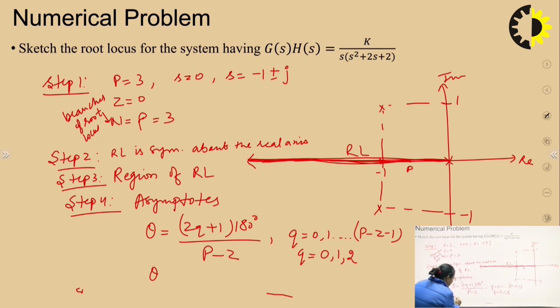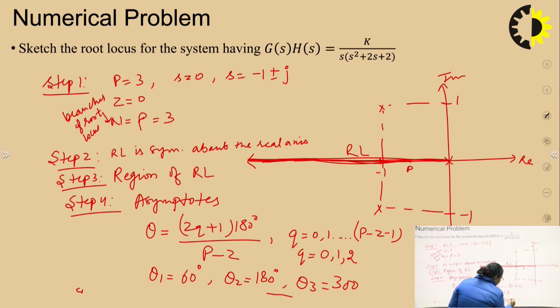Theta 1, when I put q equals 0 and p minus z is 3, is 180 by 3, which is 60 degrees. Theta 2 will be 3 into 180 by 3, which is 180 degrees. And theta 3 will be 5 into 180 by 3, which is 300 degrees.